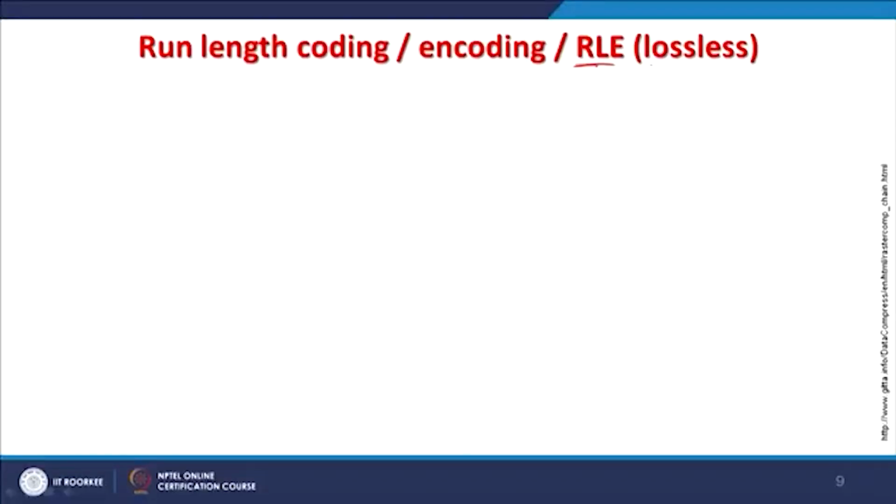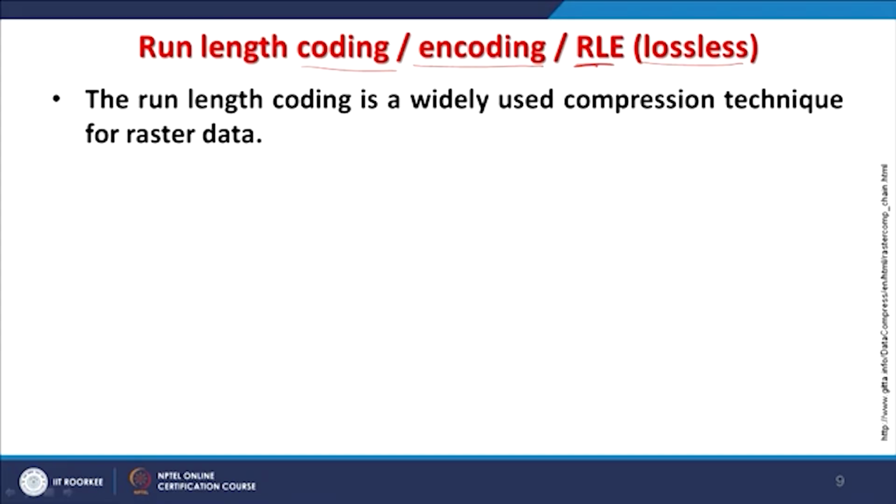Now there is another coding which is a little variation from this chain code, which is called run length coding, or RLE, and this is a lossless, non-destructive coding technique. And sometimes people write in literature either coding or encoding, it is almost the same thing, so I have mentioned both here.